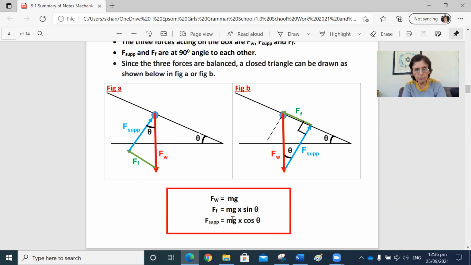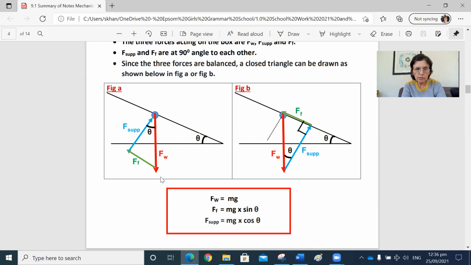So friction force will be weight force mg times sine of this angle. And the support force, in this triangle, is the adjacent side. So support force will be weight force times cos of this angle. Now this angle is the same. By geometry, we can show that this angle over here is the same as the angle of the ramp.